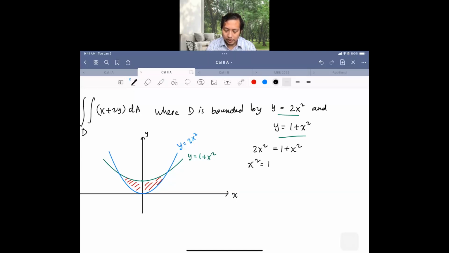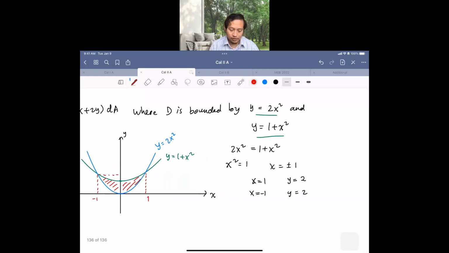So x is plus minus 1. So when x is 1, y is 2. When x is negative 1, also y is 2. So this will be 1, this will be negative 1, and this should be more proportional, but this is 2.